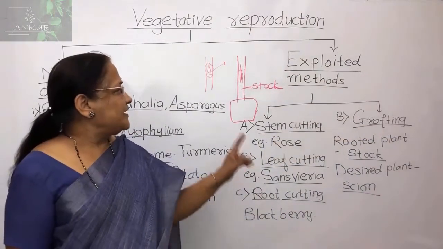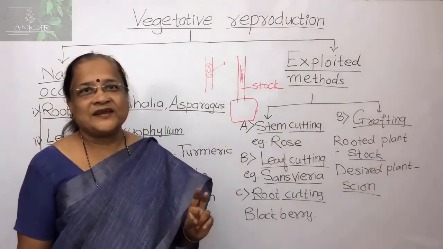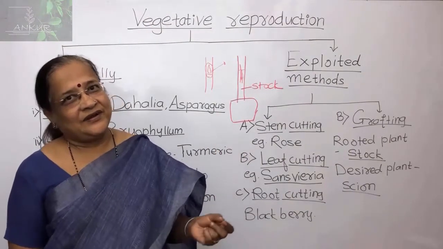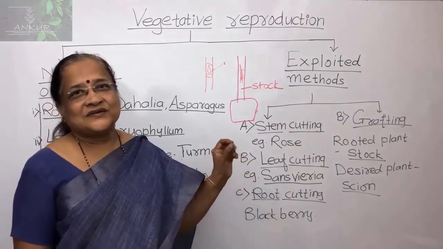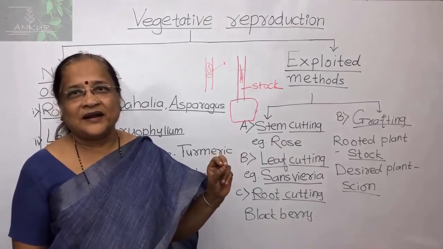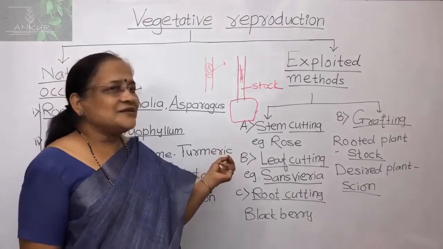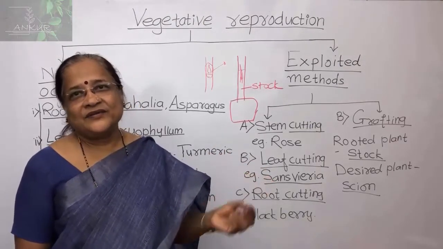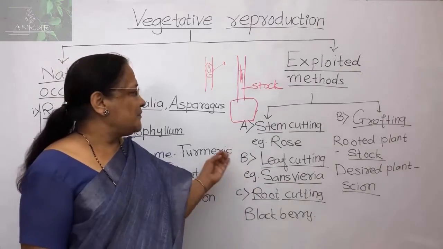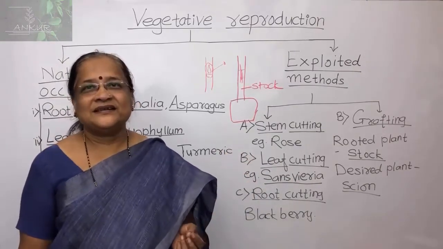Among these exploited methods of vegetative propagation, there is another method, that one we call tissue culture. In this tissue culture, a very small amount of tissue of that particular plant is used to get so many plantlets. Nowadays in the case of banana and other plants we use this method.